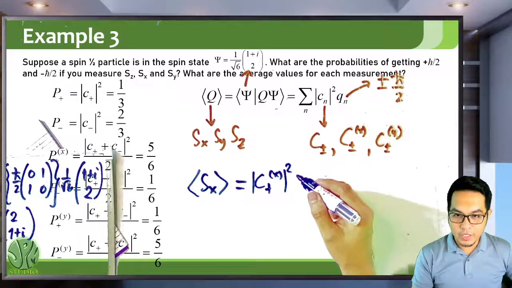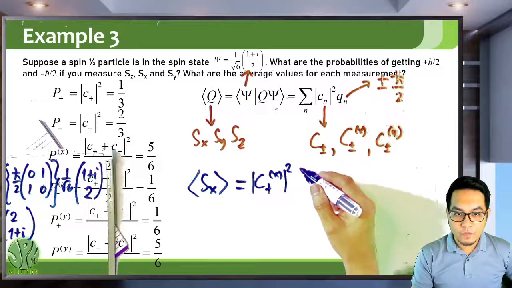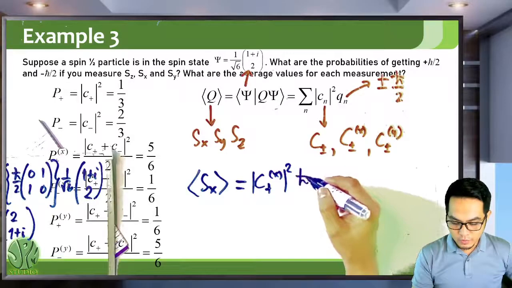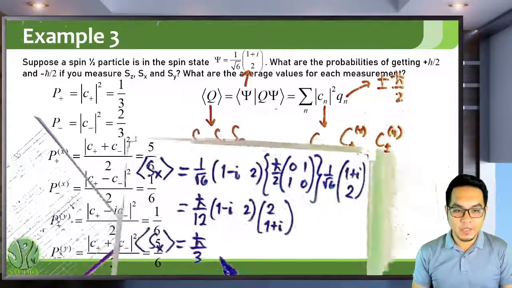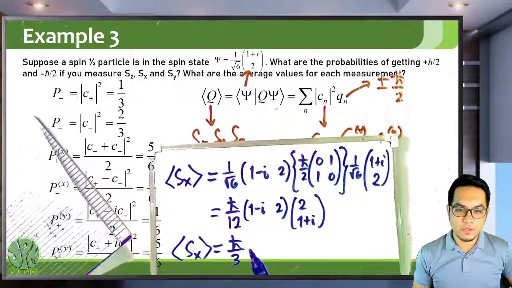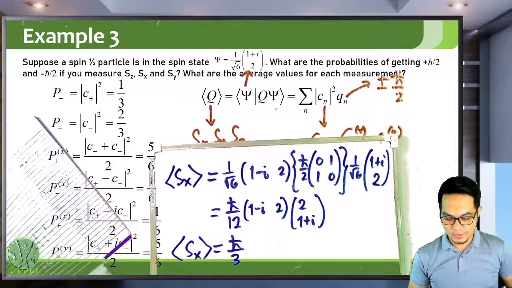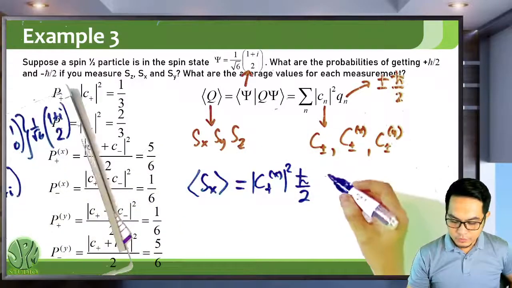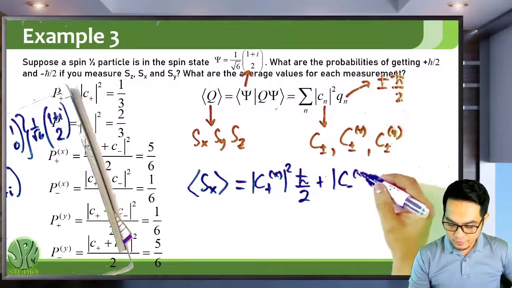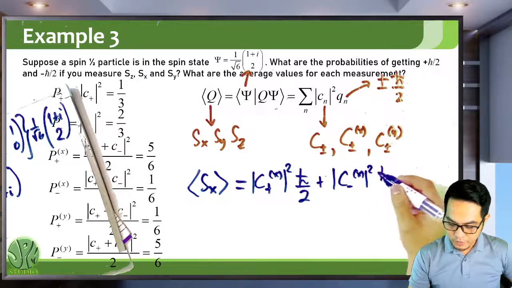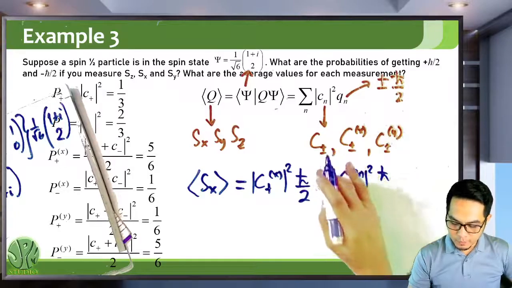Times qn, which is h bar over 2. So this is the average value if you measure Sx. This is the first member of the summation, the second member is a C minus. And this is negative h bar over 2, so I measured minus.